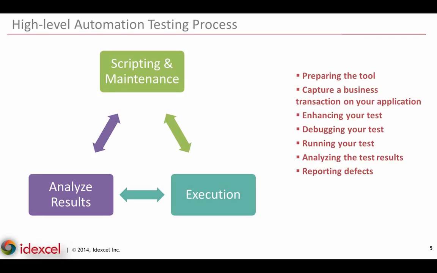You go and maintain your test cases to fall in line with the revised application. On the right side, you see the different activities that you do. You prepare the tool, you capture the business transaction as an automated test case, you enhance your test case, you debug your test case, you run your automated test case, and you analyze the results and report the defects. So this is the high-level automation testing process.